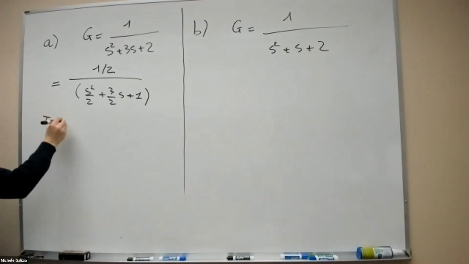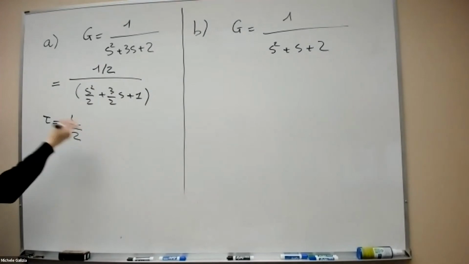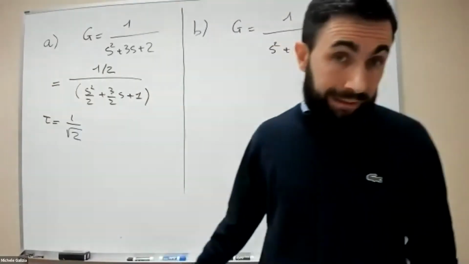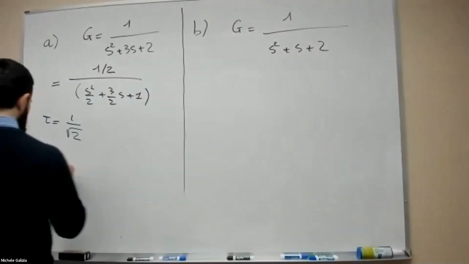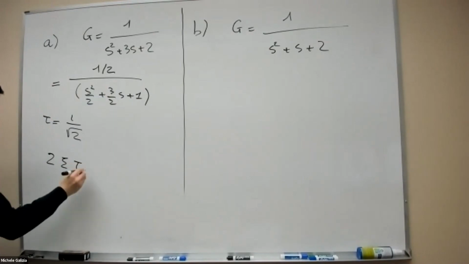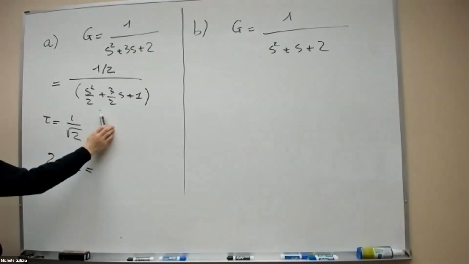So tau is clearly 1 over the square root of 2. To understand if the system is overdamped, I have to calculate the damping factor. 2 gamma tau is equal to what in this case? 3 over 2.